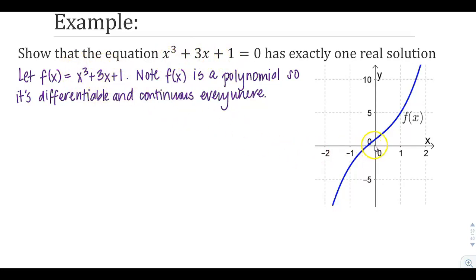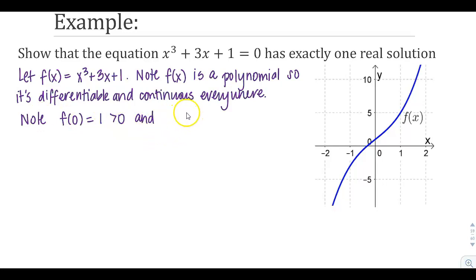Well, we can see that substituting in 0, and that's the first thing I would plug in, gives us a positive value. So plugging in 0 gives us 1. So we'll start there. So we'll say, note, f of 0 is equal to 1, which is greater than 0. And then we would try to plug in another value and make sure that a negative value comes out.